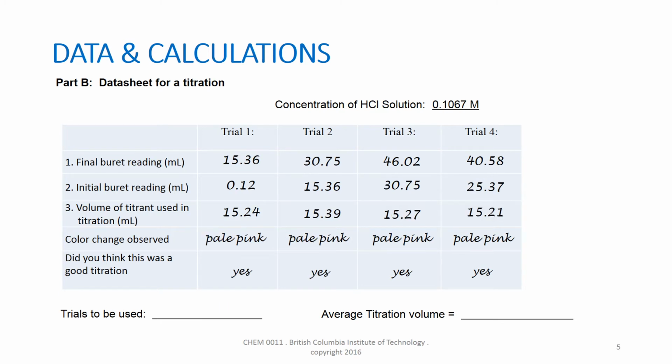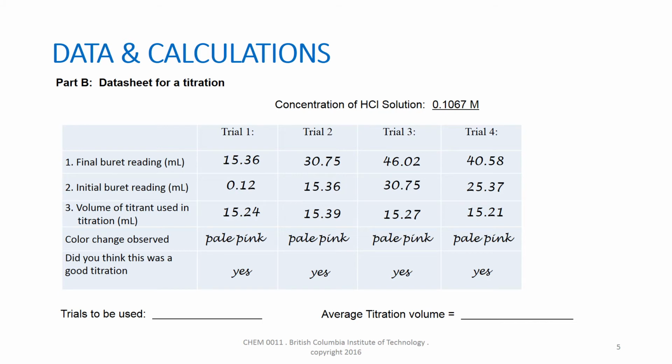This is another example of what the raw data may look like. The results of the 4 titrations are 15.24 milliliters, 15.39 milliliters, 15.27 milliliters, and 15.21 milliliters of NaOH used, and all of the titrations gave a nice pale pink titration endpoint. Trials 1, 3, and 4 are all within 0.1 milliliter of each other, but trial 2 is outside this range.